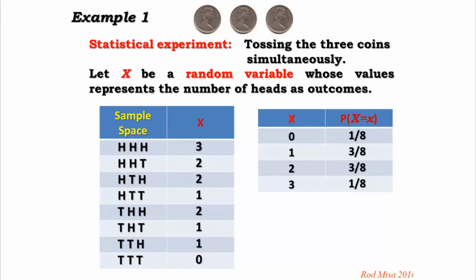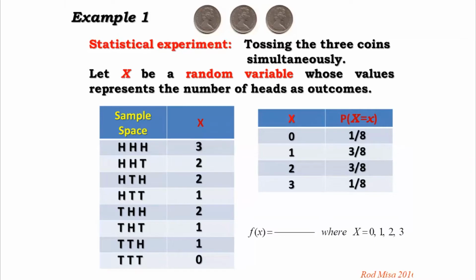So how can you represent this probability distribution through a function? The function is f of x, where our x can have values 0, 1, 2, and 3. So these values of x are what we call the values of our random variable x.